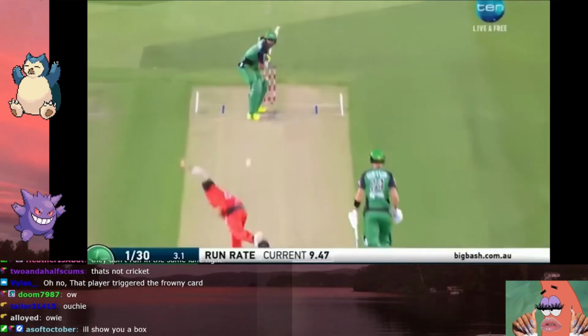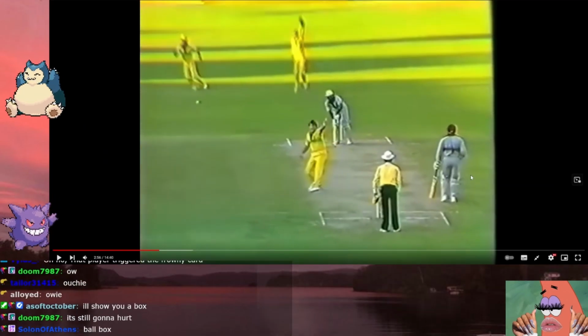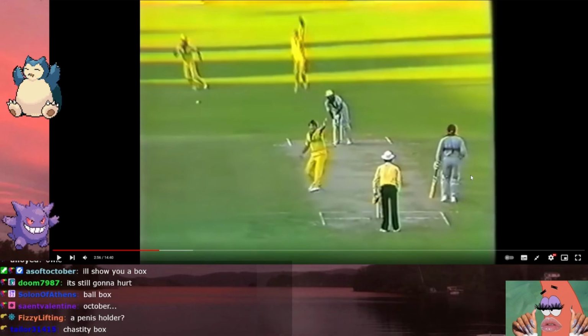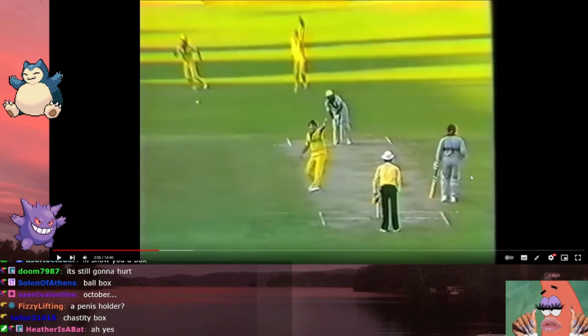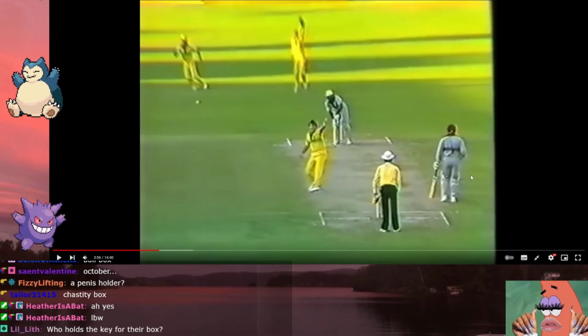Batters protect the wicket and try not to let themselves get hit. So, okay, let me back up and explain a little bit here. Generally for a team, you will have a couple of shared boxes, so if you don't have your own box, you can wear a team's box.